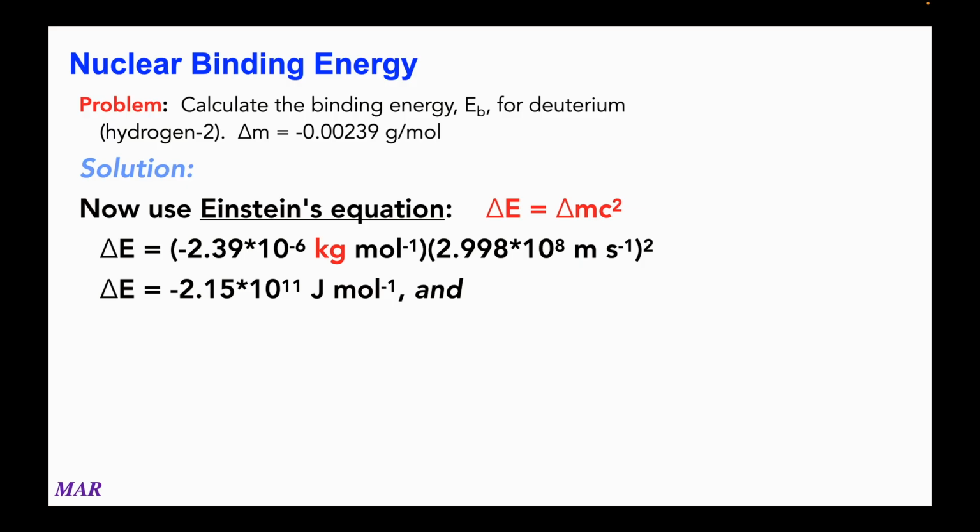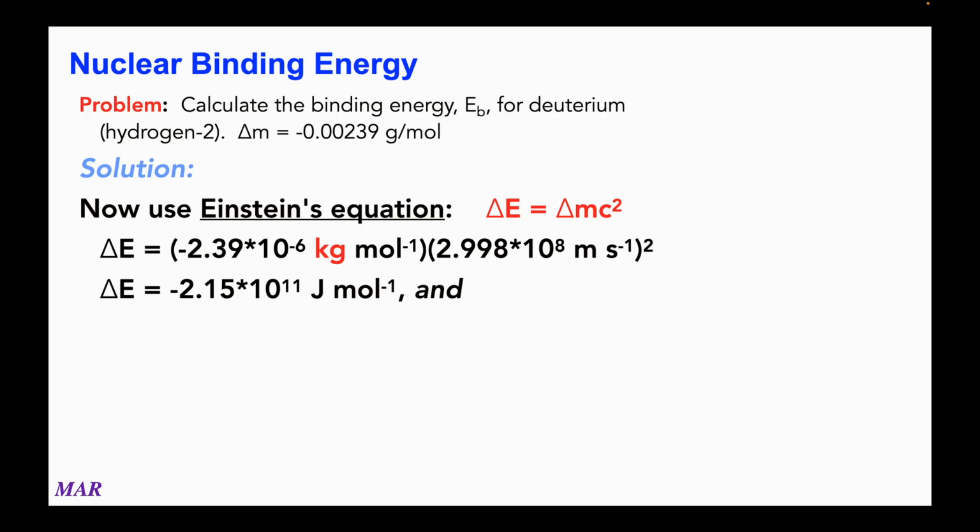But another thing I want you to think about is the magnitude of this number, because this number, 10 to the 11th joules per mole, is way above all the other energies we've looked at so far. For example, if you took a strong acid and a strong base and reacted them together, it might be, say, 10 to the 6th joules per mole, all right?